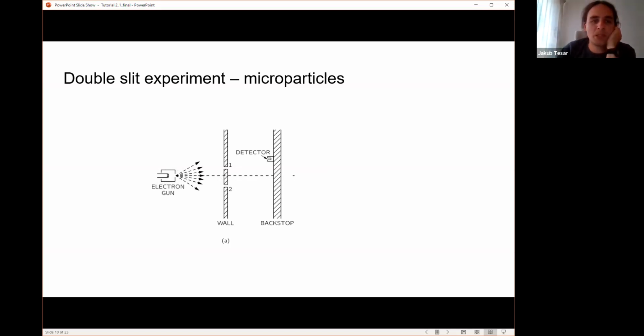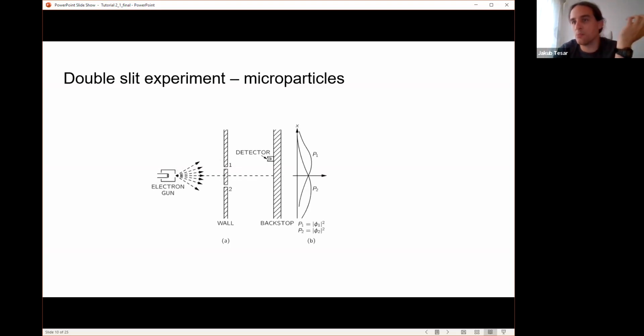Okay, what happens if we have one or the second slit open alternately? We will get the same picture as in both of the previous cases. Not a surprise, it's the same. So no matter what those microparticles really are, they behave this way. What the probability is, I will explain this notation later on.